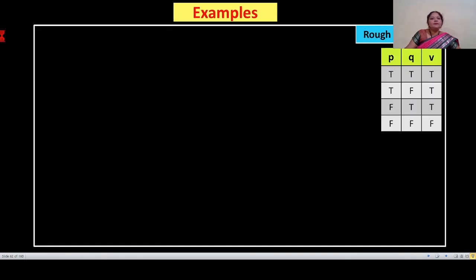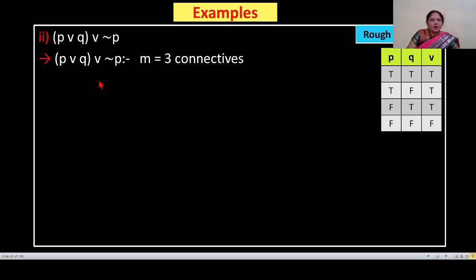Next example, next statement pattern, P or Q or negation P. There are 1, 2, 3 connectives and 2 main statements, P and Q. Therefore, m equal to 3 connectives and n equal to 2 component statements.